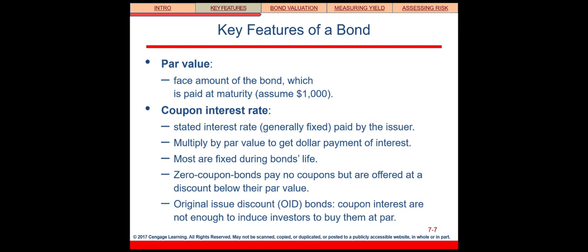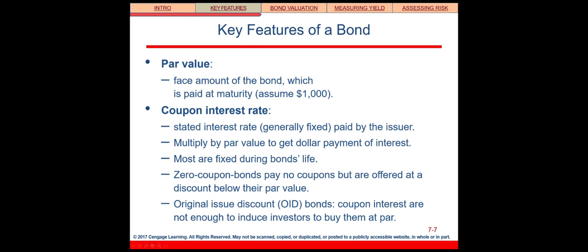What is the condition for a bond to be selling at par? The key condition here is that the coupon interest rate equals the market interest rate. If that's the case, then the face value exactly equals the fair price. Then in this case, we say the bond is selling at par.